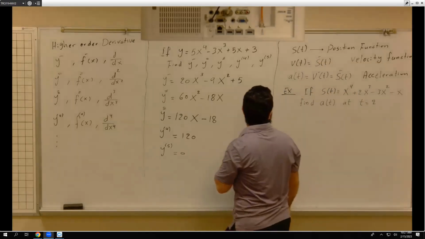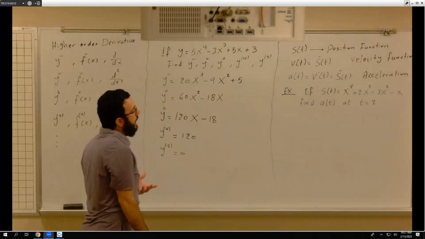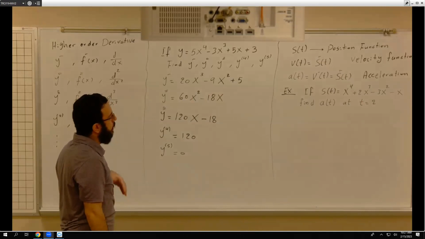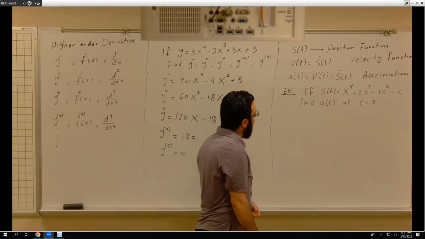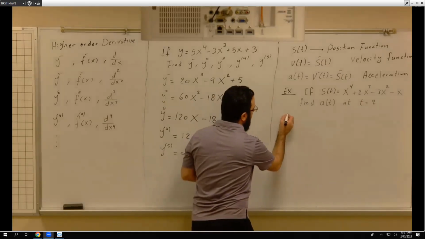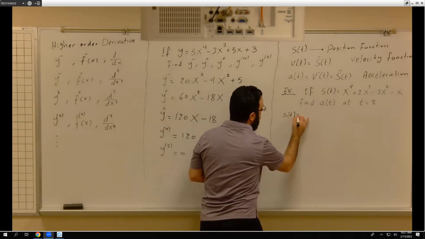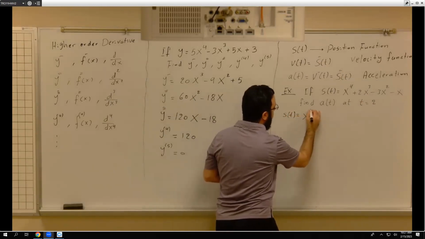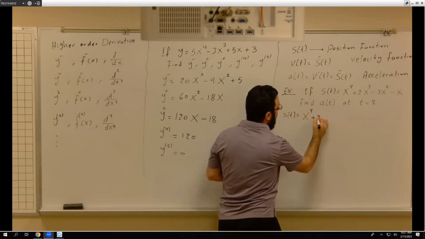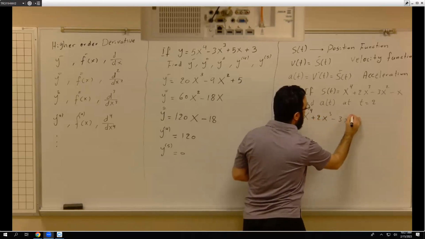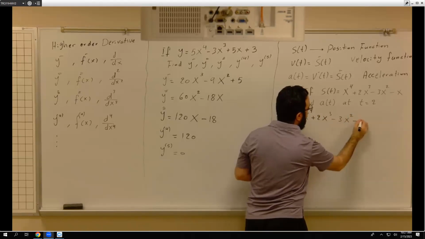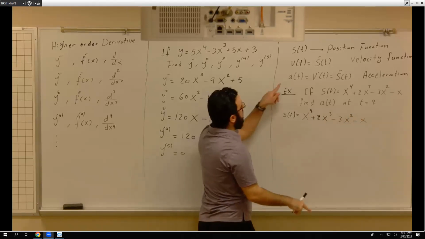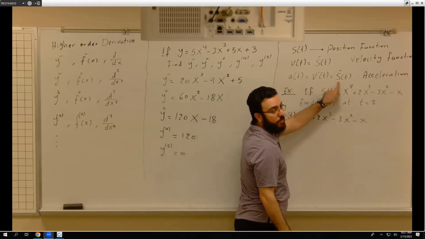If they ask you, if S of T equals x to the power 4 plus 2x cubed minus 3x squared minus x, find the acceleration at t equals 2. So S of T is equal to x to the 4 plus 2x cubed minus 3x squared minus x. I'm going to find the derivative because the acceleration is the second derivative.